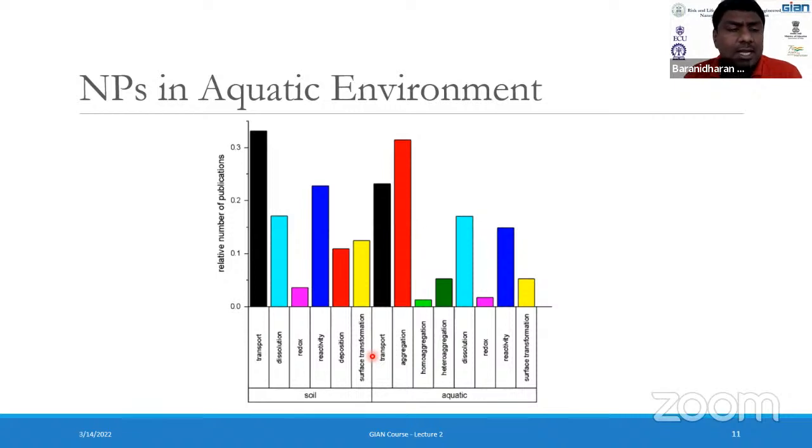With respect to the aquatic environment, transport is also getting more significance in the number of publications. But water is a medium, whereas in air, particles can keep traveling across geographic boundaries. With respect to water, how does it behave? Whether it gets aggregated or remains stable.